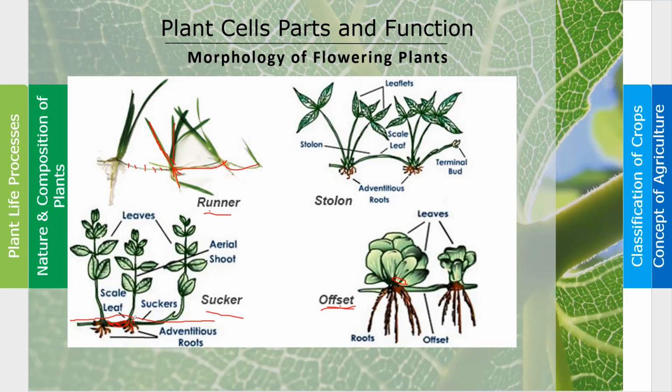And then magkakaroon ng bagong shoot, aerial shoot. Okay, na pupunta above ground to perform photosynthesis. So, remember, yung branch niya will remain underground. So, hindi natin nakikita yung parang sunod-sunod na connections or the branches, hindi natin makikita yan because they remain underground.